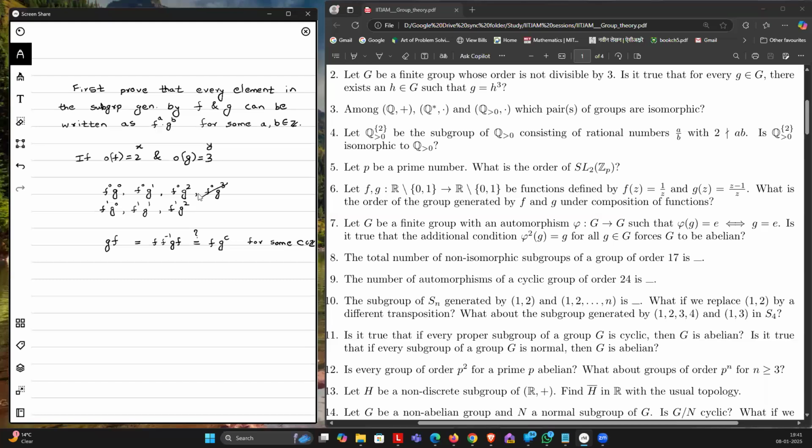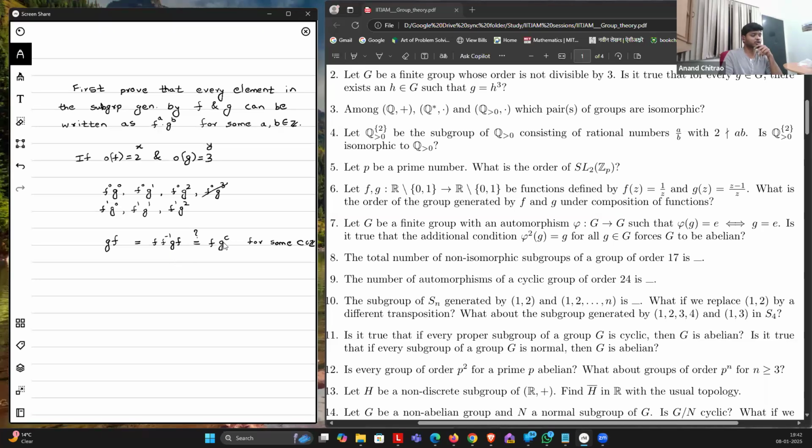Yes, sir. So one way that this is possible is to look at this equality. gf is definitely equal to f f inverse gf. Is that fine? Because f and f inverse cancel each other. So now you have a power of f here. Now all that you need to check is f inverse gf.